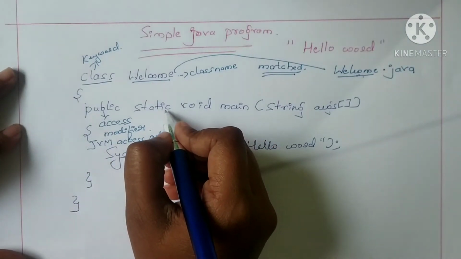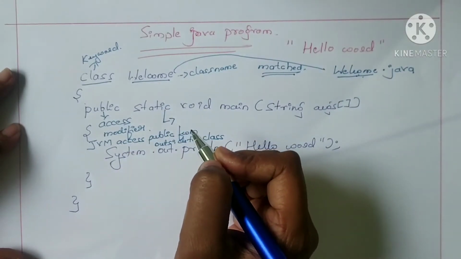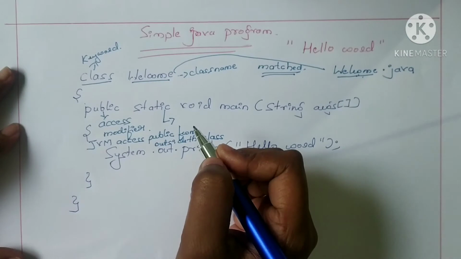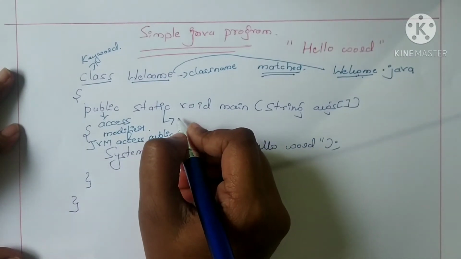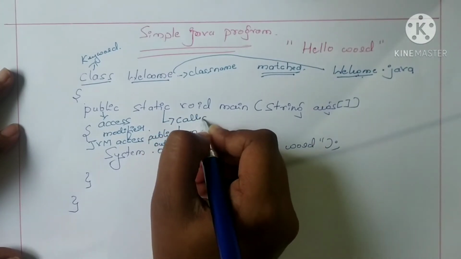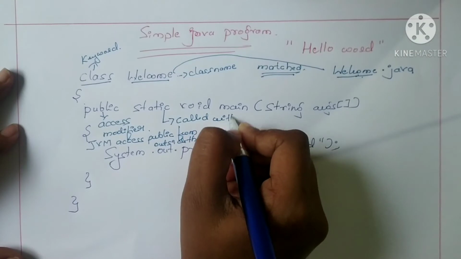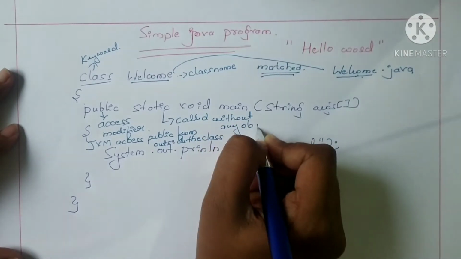Then static. Static is a keyword. The static method is used to be called without any object in our program.